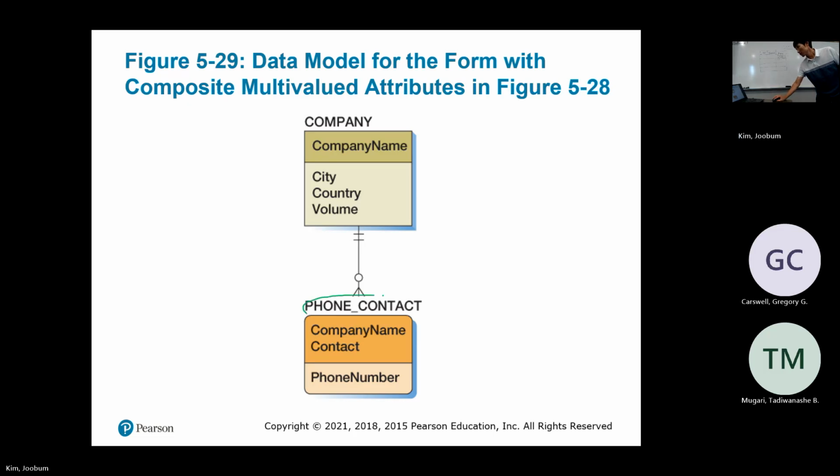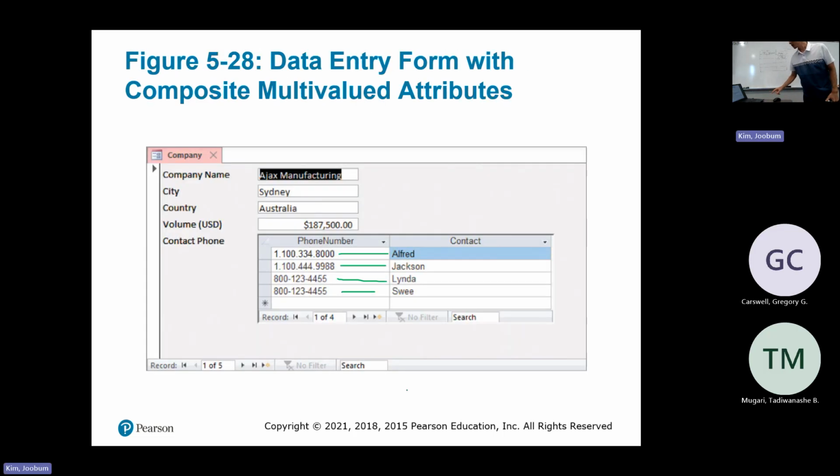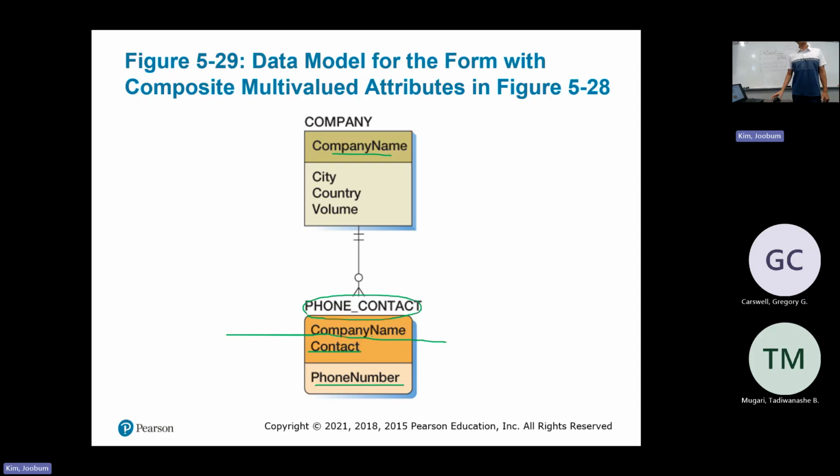Create another entity, phone contact. The ID of company is used here, which means this entity is an ID-dependent entity of company. Then contact name, Alfred, Rinda, Sui, and phone numbers are attributes. So this kind of data form can be modeled by this ER diagram.